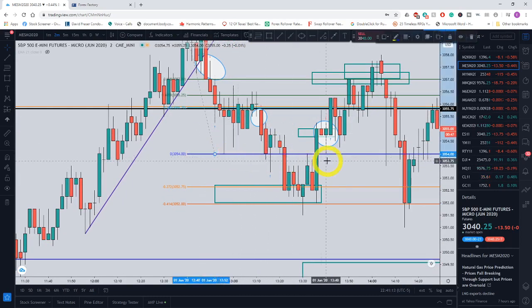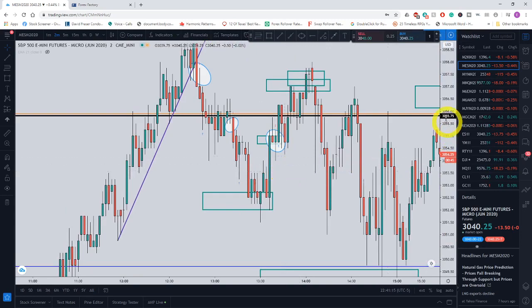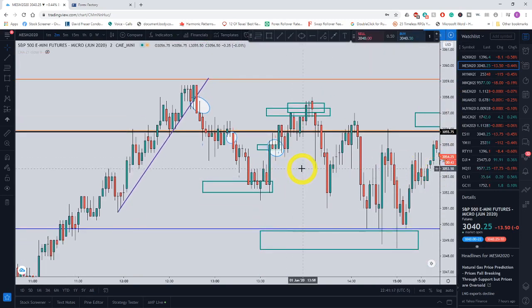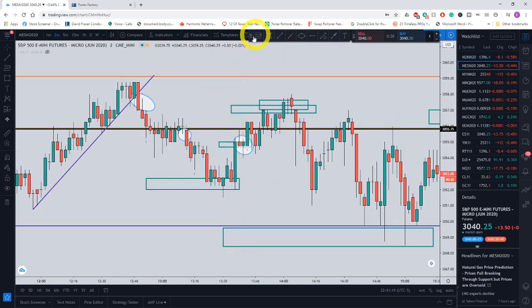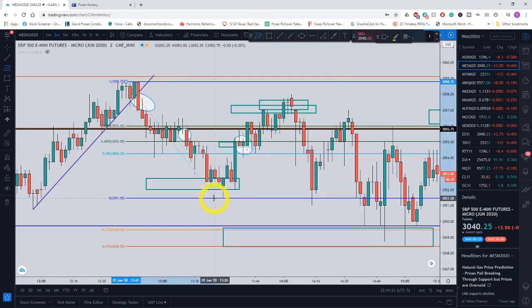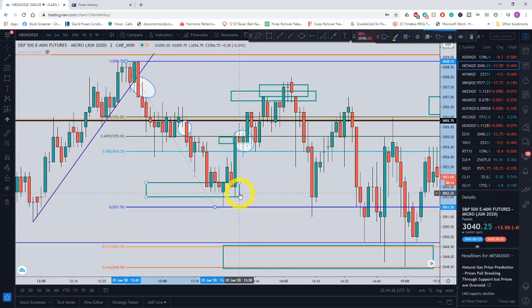And then the one that got me right here, which unfortunately again this market is really dirty, is I was looking for, using this swing high and that swing low right there, I was looking for the short somewhere in this area right here, so I believe I got short right here.